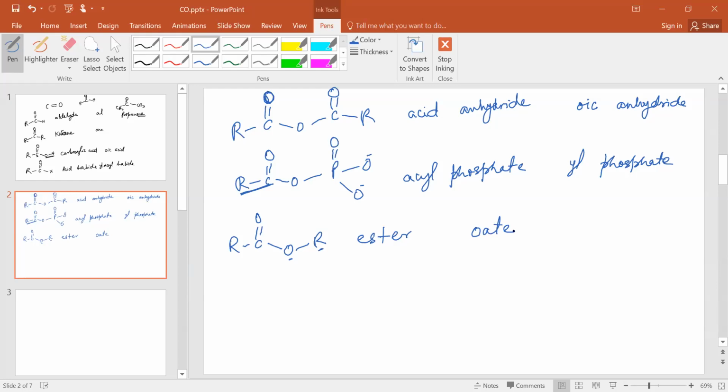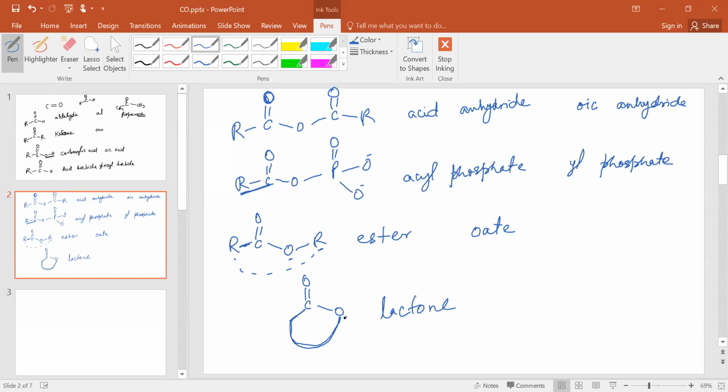Related to this, remember, when the ester is cyclic, with the oxygen attached to the carbon in a cyclic structure, this is called a lactone.